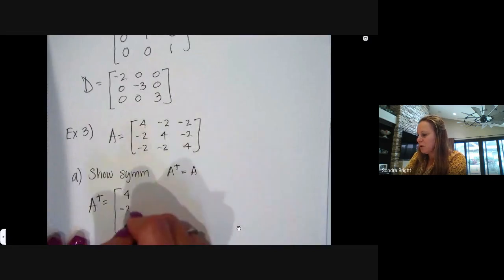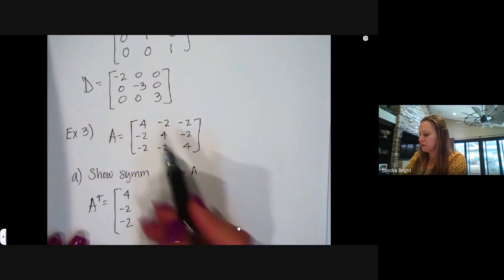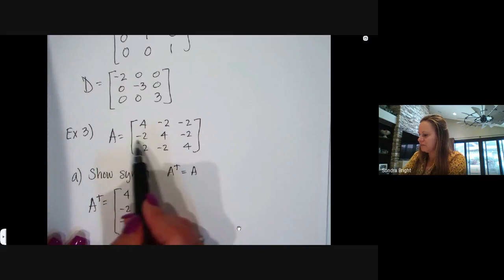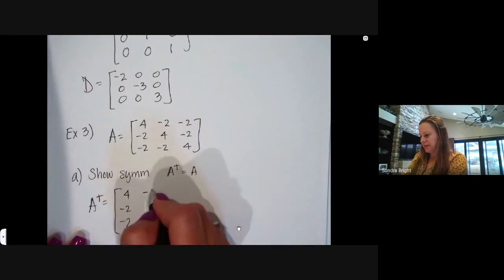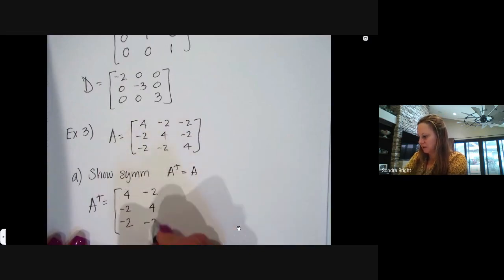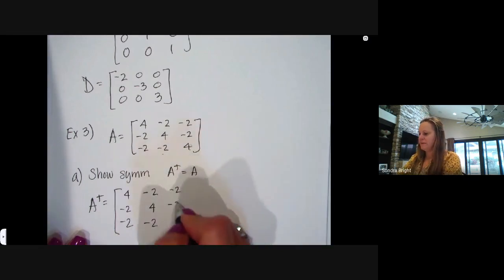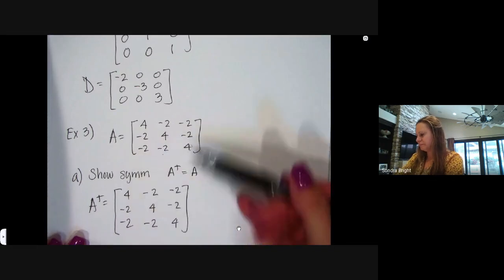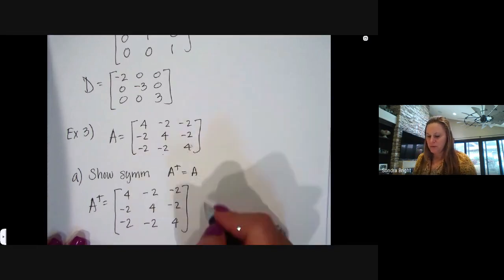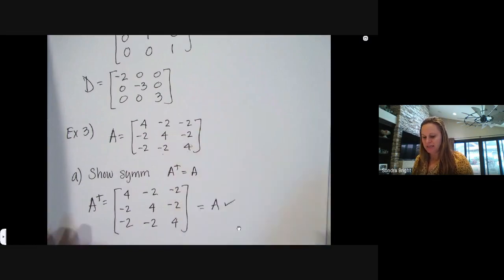Take row 2 and make it column 2: -2, +4, -2. Take row 3 and make it column 3. And then verify. Check. We have confirmed that it is.